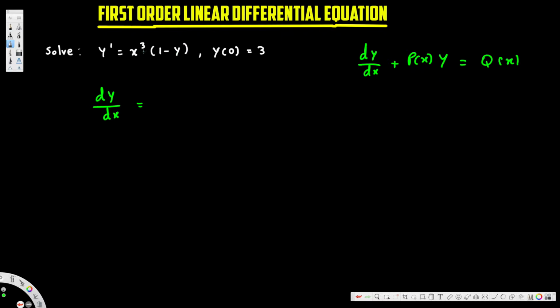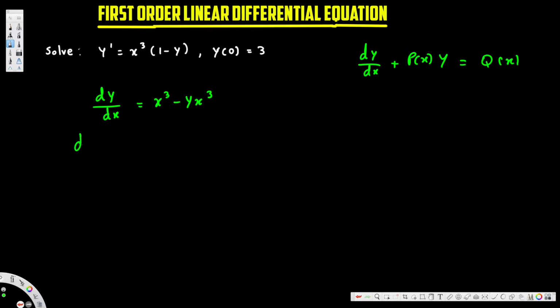If I multiply this x cube by 1 and y, we are going to have x cube minus y x cube, and we want something multiplied by y, a function of x, on this side. So this is the one that is suitable for that. So I'm going to bring this part to this side.